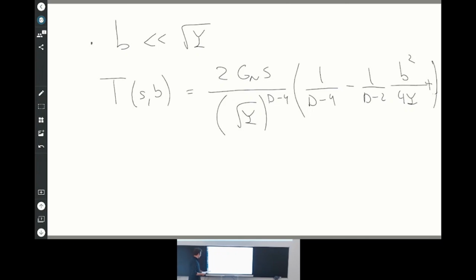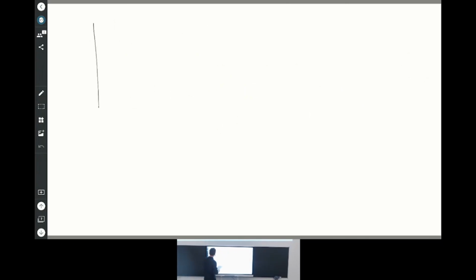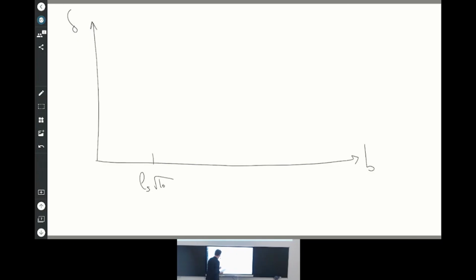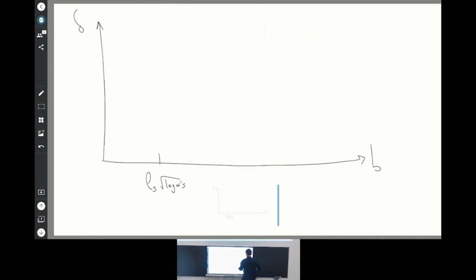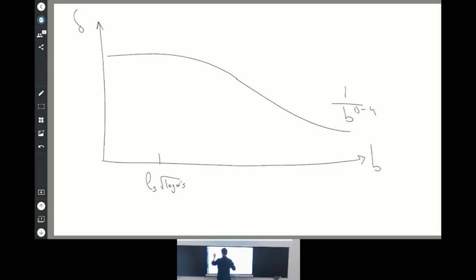And the punchline is that if you look at the phase shift as a function of impact parameter, you have the scale alpha prime log s. If you look at the real part, it starts as a power, 1 over b to the d minus 4, and then it just caps off to a constant, which is of order G Newton s.